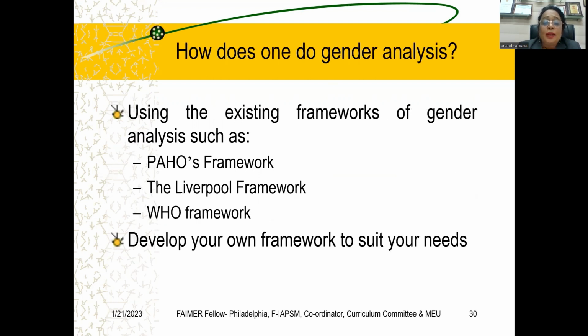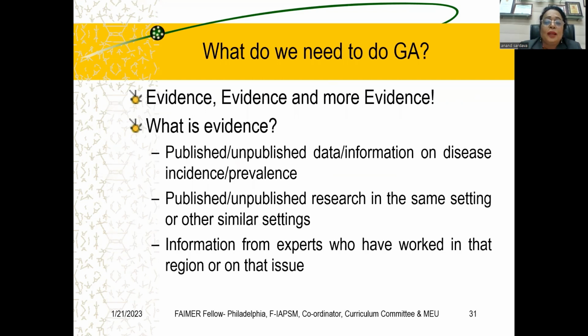How can we do that? There are some frameworks available, like the Pan American Health Organization framework, the Liverpool framework, and the WHO framework, or we can develop our own framework to suit our needs. So we need some frameworks to do the analysis. To do an analysis, we need evidence, as I have shown you in two studies.